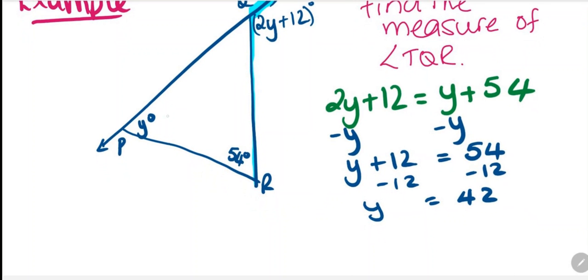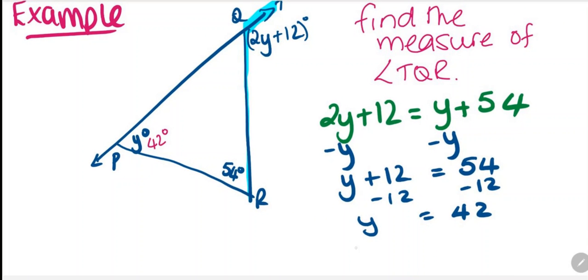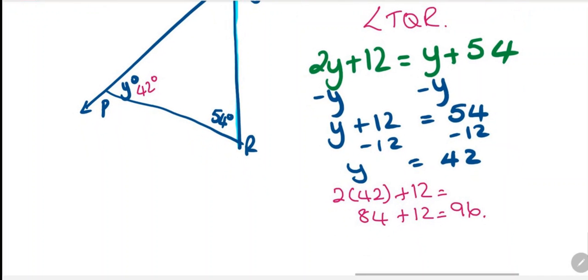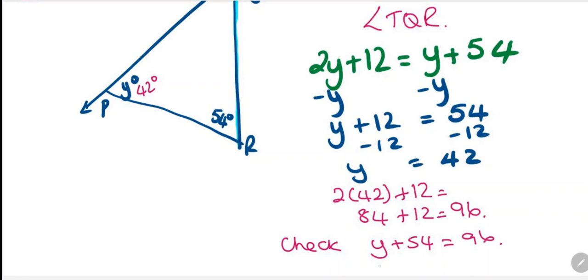So if I substitute this in, y is 42, and my angle is 2 times 42 plus 12. This is going to be 84 plus 12, which is 96. And if I check, y plus 54 is 96. And if y is 42, 96, that is correct.